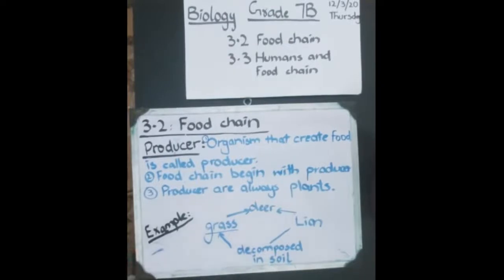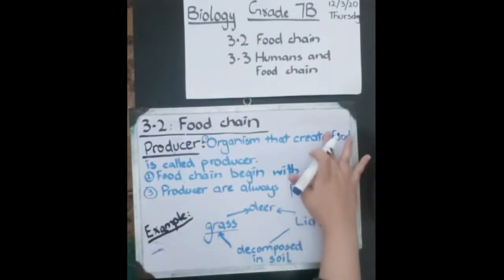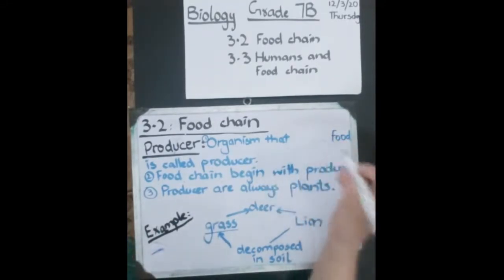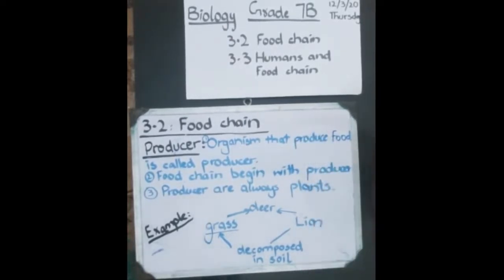I will repeat the producer. Producer, the word comes from produce. So you can say that living organisms that produce food are called producers. Okay. You can also write here produce instead of create.